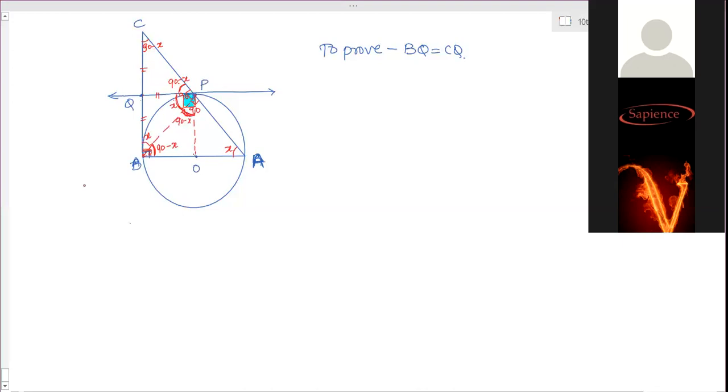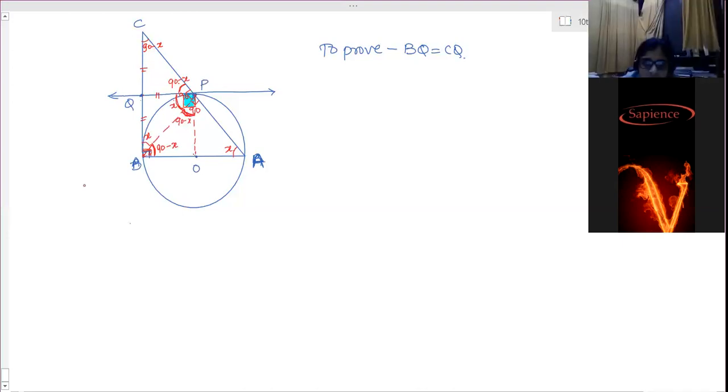Ma'am, I have a small doubt. In a circle, when you draw a perpendicular on a chord, only the sides are equal. If PO is the perpendicular, then OB will be equal to OA, right?